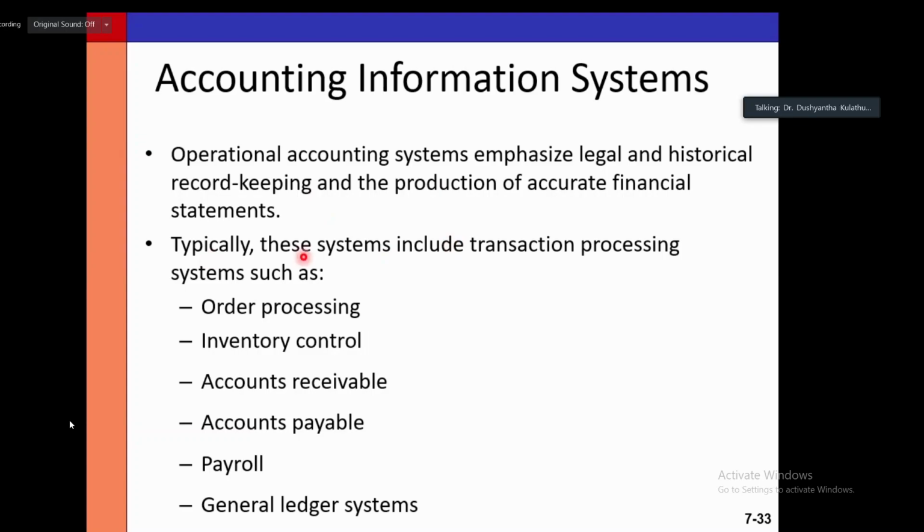Then these systems include transaction processing systems. Now these operational accounting systems can include different other subcategories of systems identified as order processing systems, inventory control systems, accounts receivable systems, accounts payable systems, payroll systems, general ledger systems, and so on. These are some specific systems which may be utilized by the accounting function for processing their transactions.